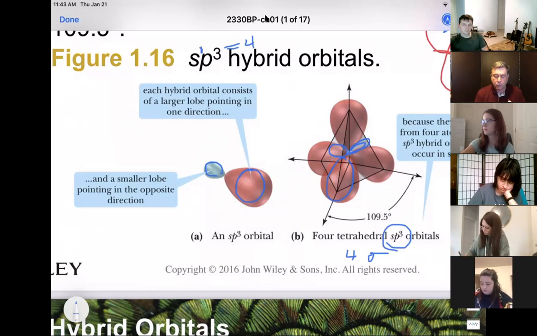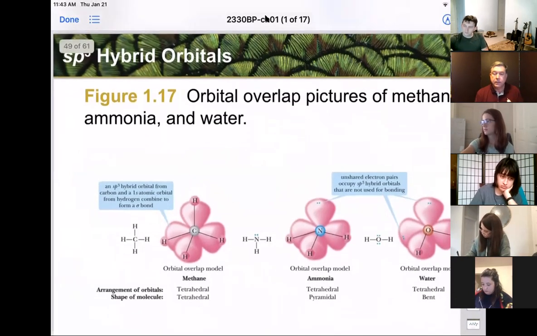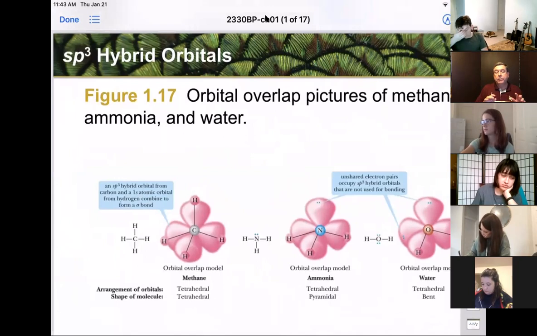Okay, so let's look at how that applies to carbon, right? Because we know carbon is methane and it has a tetrahedral shape. So we expect it to be there. And when we take each of those orbitals and overlap it with another atom like hydrogen, we end up with a tetrahedral molecule.